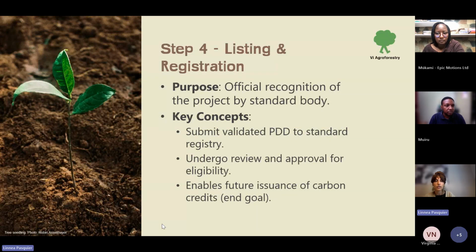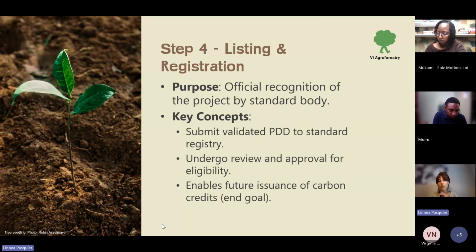Thank you so much. So step 4 is listing and registration. These things happen quite like, it's not a straightforward process. When you've done the PDD, you can also initiate the project, but often you would like to have it registered also.